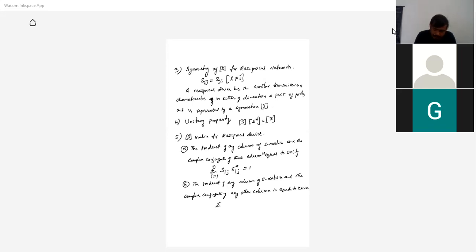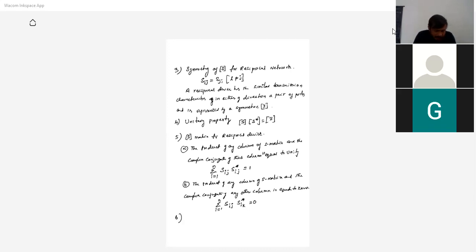You can write sigma i is equal to 1 to n, Sij into Sik conjugate is equal to 0. So this is the other property. The product of any column of S matrix and the complex conjugate of this column is equal to unity. This is also a matrix property only. The product of any column of S matrix and the complex conjugate of any other column in the matrix is equal to 0. Okay, so this is the fifth one.